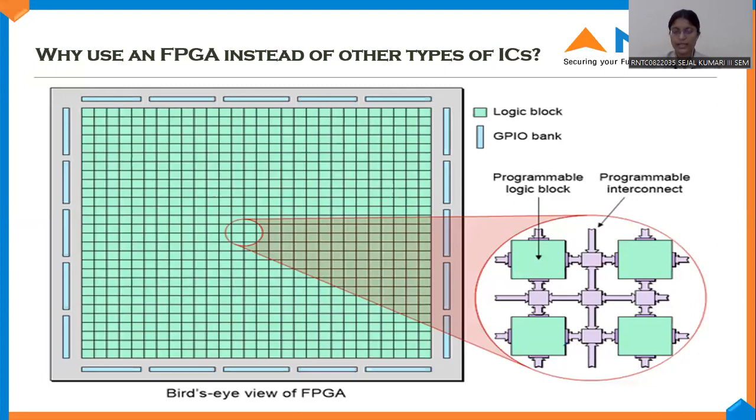Other types of ICs, such as microcontrollers, microprocessors, application-specific integrated circuits, and application-specific standard products, mainly have a fixed function upon deployment, and they are programmed sequentially, that is, one after another. The lack of programmability can contribute to shortening the lifespan of the system once deployed.